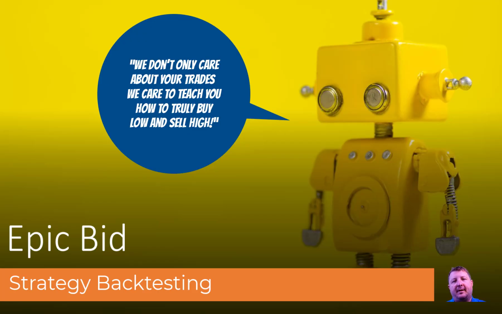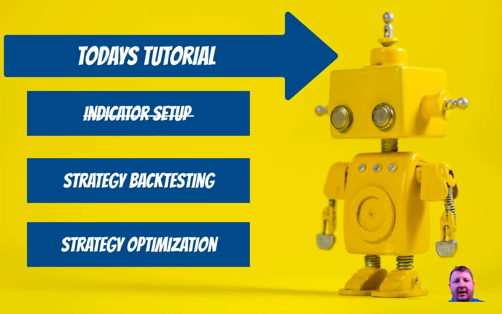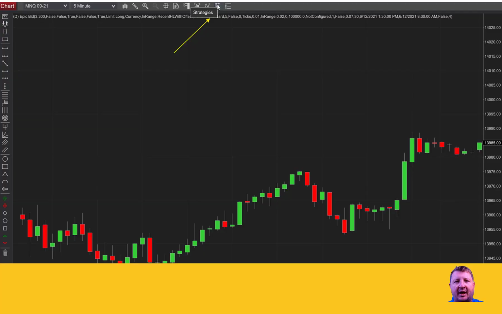Okay, so on the last video, which we provide a link to on the bottom of the video here in the summary description, the first video in this series was all related to how to set up the most basic settings for Epic Bid indicator on a chart, and also how to set up a strategy.